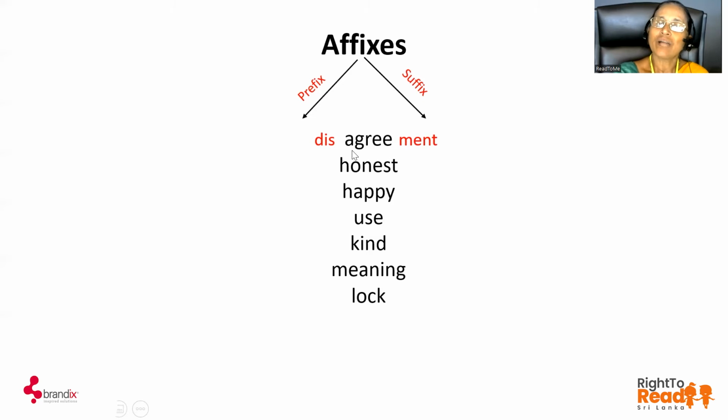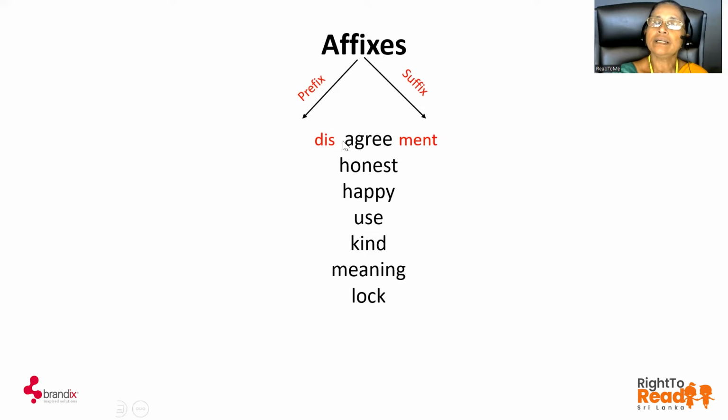Agreement. We will come to an agreement to do the homework. I feel you don't do homework regularly. Then, shall we come to an agreement? Here we form a word using a group of letters at the end of the word. We call it a suffix. Those are affixes, the letters that we can add to a basic word.